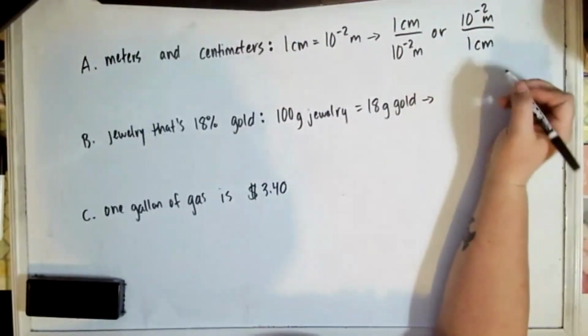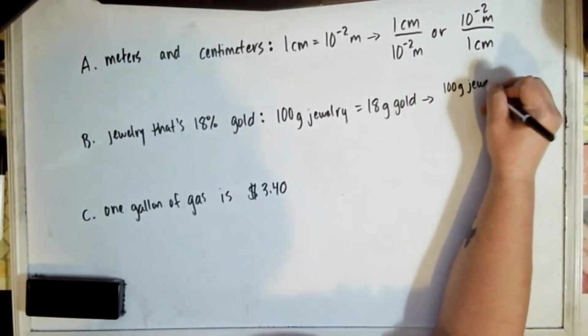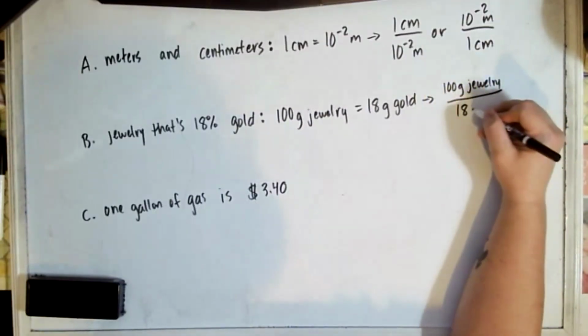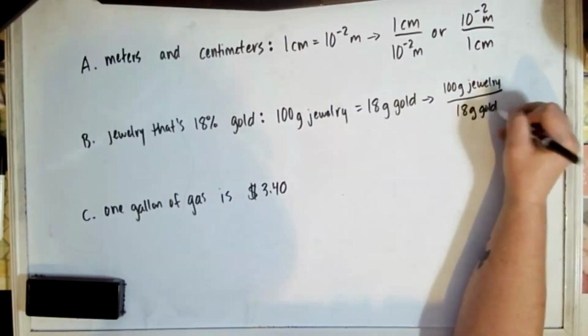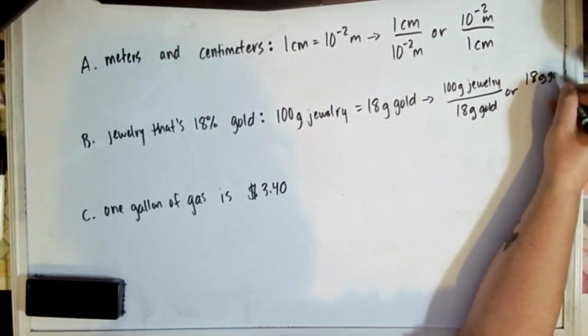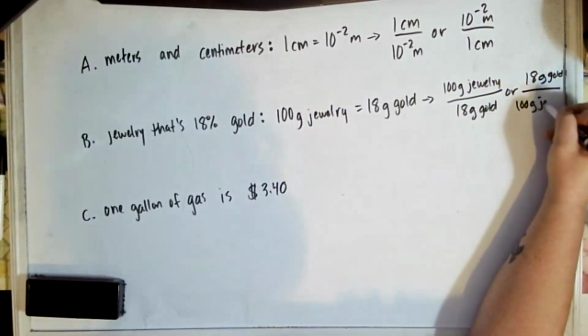And then the conversion factors that you can build: 100 grams of jewelry will have 18 grams of gold, or there's 18 grams of gold for every 100 grams of jewelry.